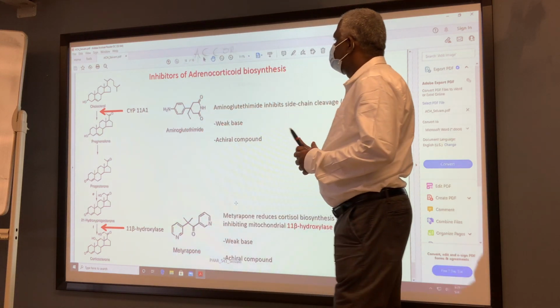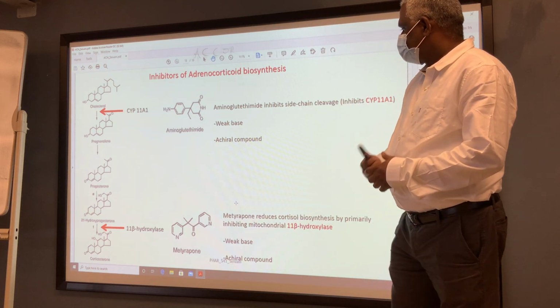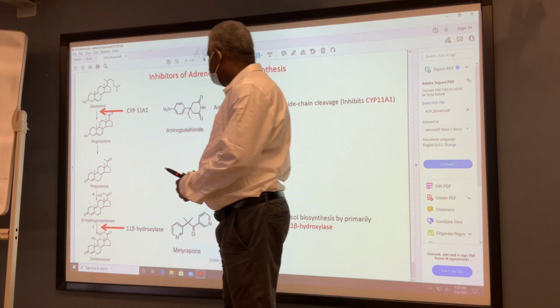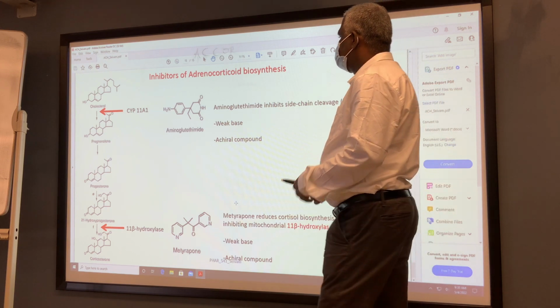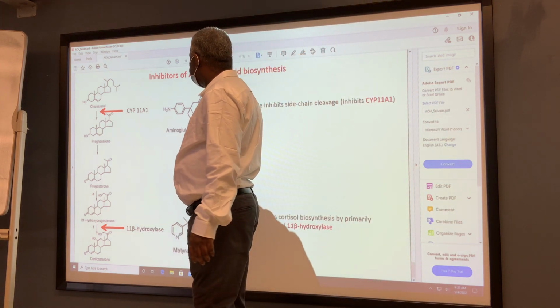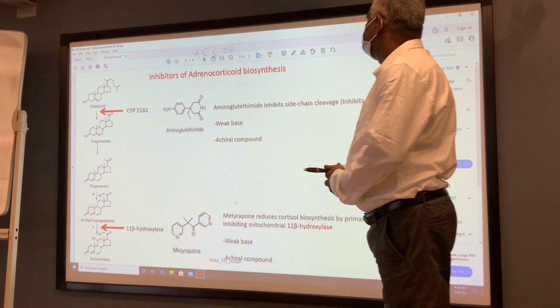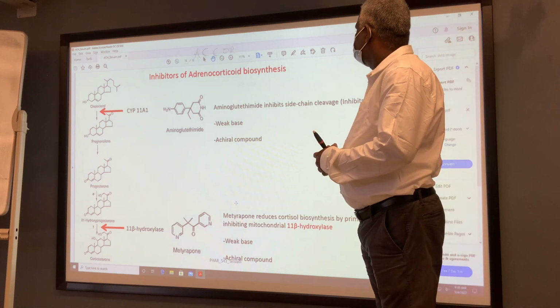So aminoglutethimide can inhibit cytochrome 11A1. So this is a corticosteroid biosynthesis inhibitor. Then another compound, metyrapone, is an 11 beta hydroxylase inhibitor. So these two compounds inhibit the biosynthesis of adrenal cortex hormones, the hydrocortisones, so they inhibit the biosynthesis of glucocorticoids.